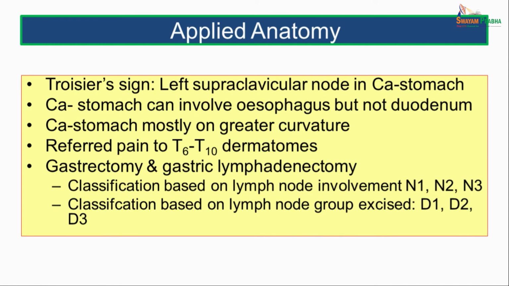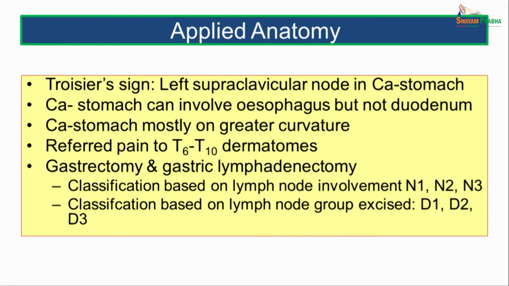The classification based on the lymph node groups which are excised along with the gastrectomy are also of 3 different types. They are known as the D1, D2 and D3 types. In the D1 type, it is a partial gastrectomy which is done, wherein only the tumor mass along with the surrounding tissue is excised and only the regional or the local lymph nodes which drain the tumor are excised.